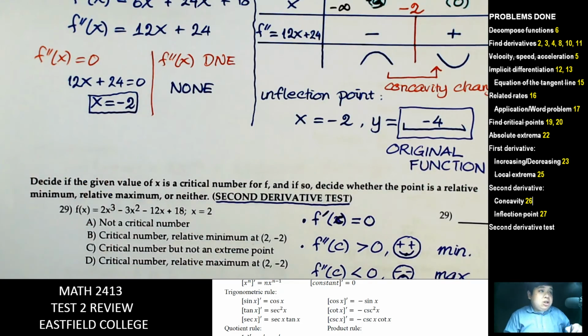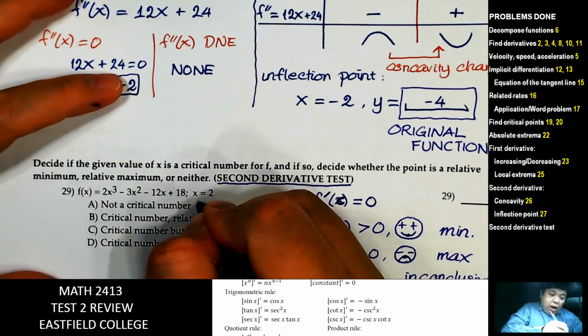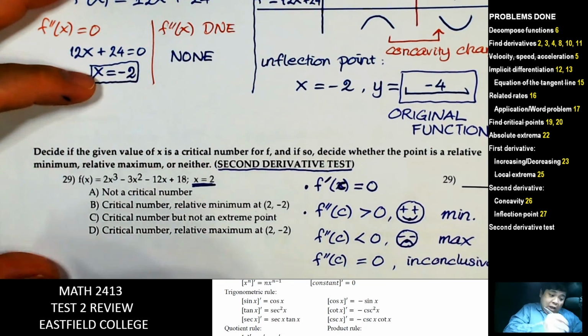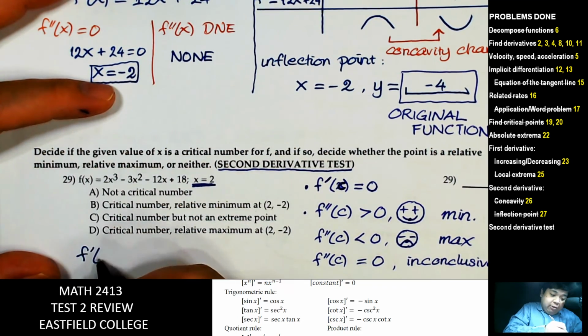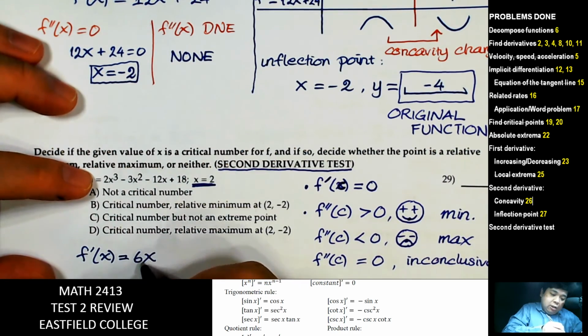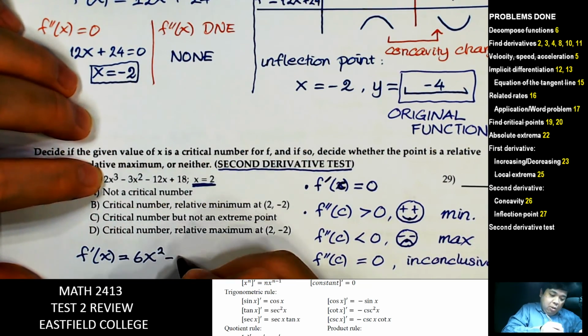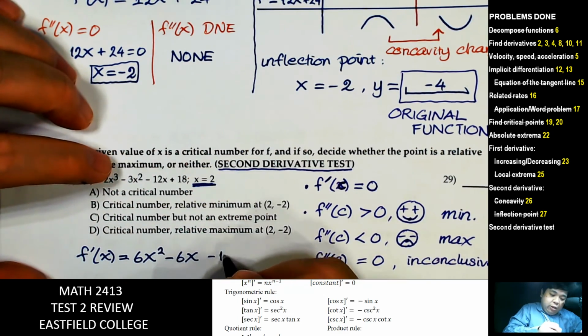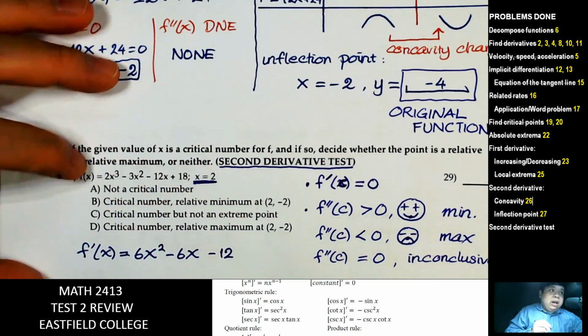Right, now just do this. By the way, for this problem, the point will be given, so we don't have to find it. We just want to test it. So first, the derivative equals 6x squared minus 6x minus 12, and now we're going to put 2 in it.